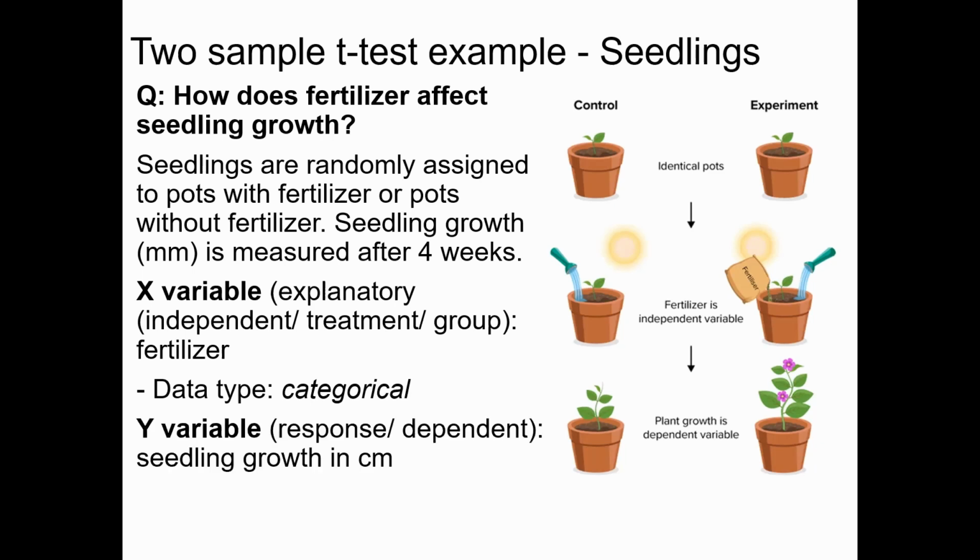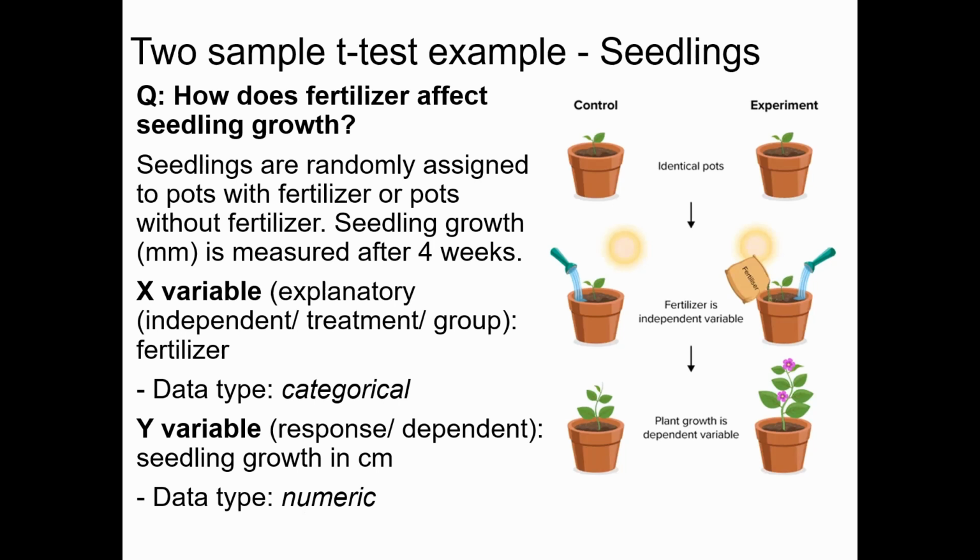Your Y variable, also known as the response or the dependent variable, is seedling growth in millimeters, not centimeters. That's a mistake. In 4 weeks, it'd be hard. I mean, what species would grow fast enough that you'd get a response in centimeters? I guess it doesn't matter. It could be millimeters or centimeters, but if you're measuring seedling growth, you better have something that grows pretty fast in 4 weeks to get centimeters.